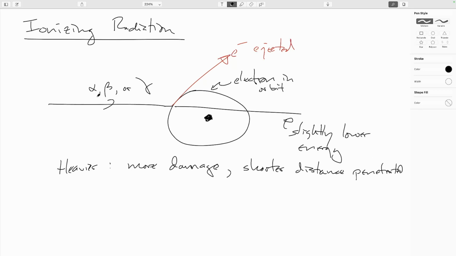That's because an alpha particle is basically blowing through molecules like a Mack truck, plowing into all of them and doing a lot of damage in a small area. Lighter ones go the other way around: less damage. Lighter things tend not to give up as much kinetic energy in a collision, but as a result, they can penetrate for longer distances.